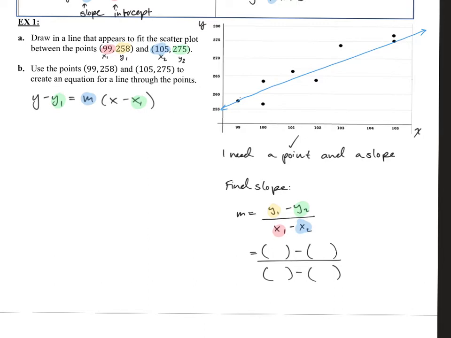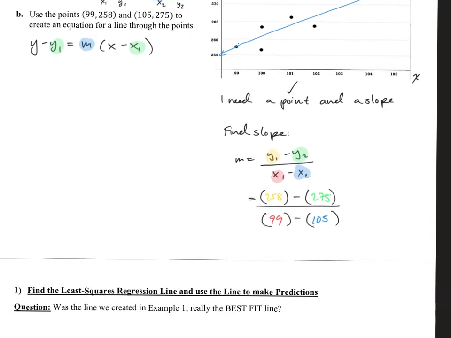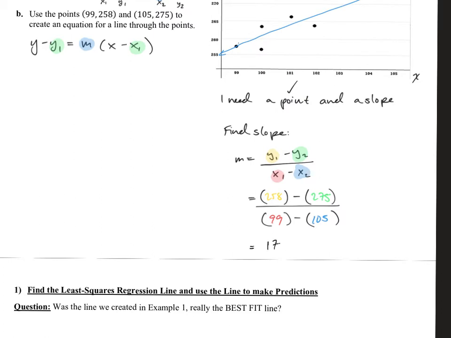Okay, so 258, 275, x sub 1 was 99, x sub 2 is 105. Alright, so now we can go ahead and do these subtractions. And let's see, it looks like 17 over 6 when we simplify that out.